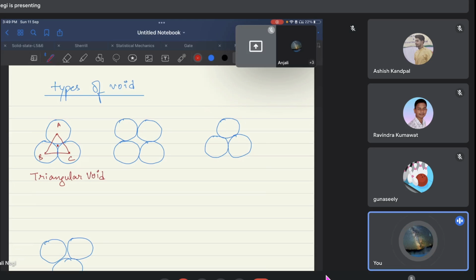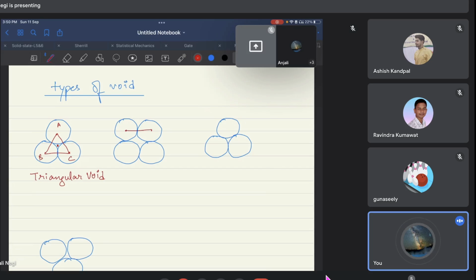Okay, and the definition is also very simple: the void is formed by 3 spheres in the same plane when they touch each other. So this is the triangular void. And the second one you can see is the 4 atom void. It is again not tetrahedral, because all the 4 atoms are in the same plane.